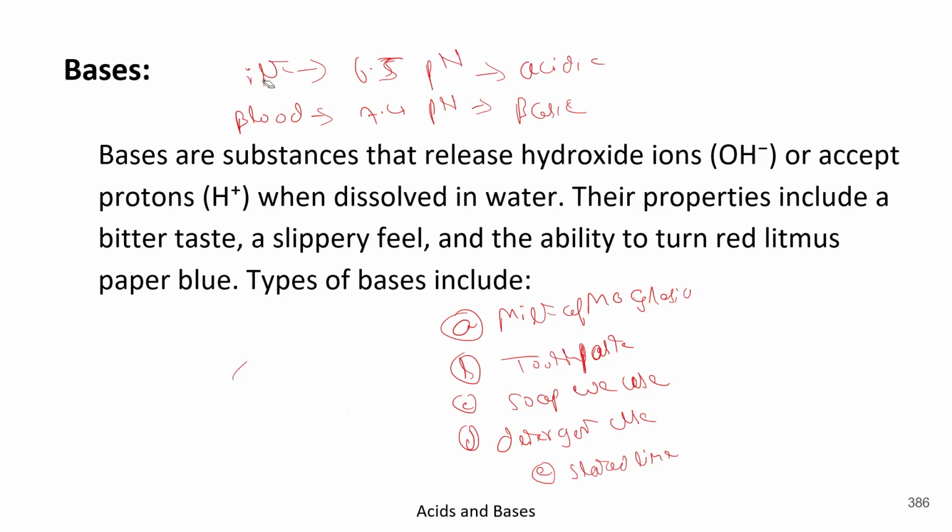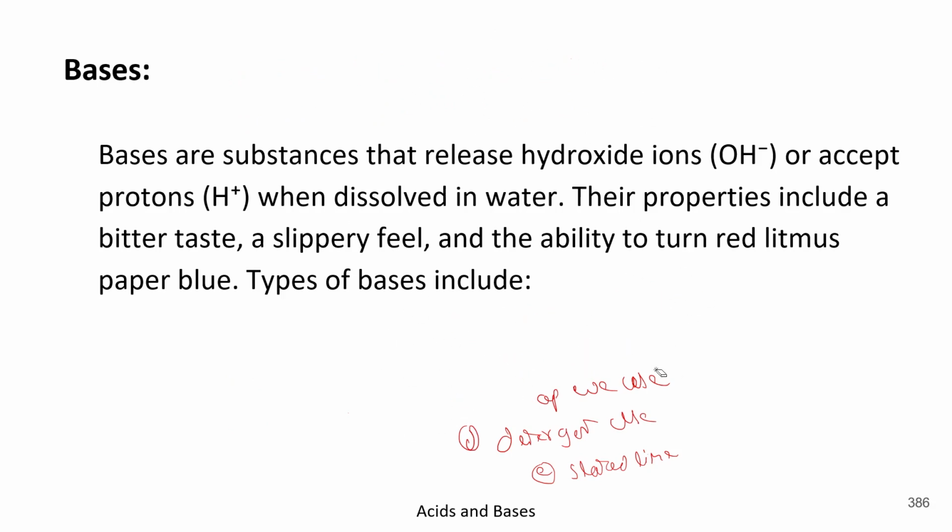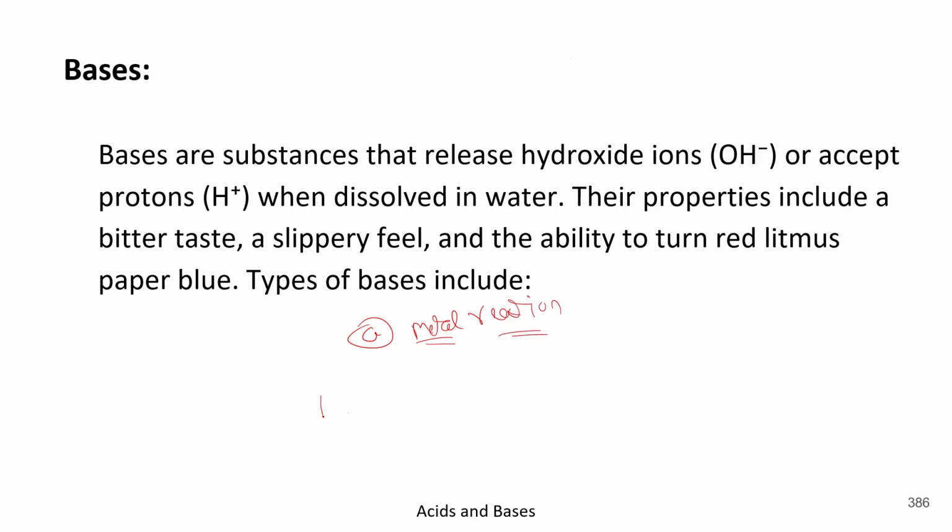Okay. So now we are going to discuss the reactions of bases with several things. Like in the previous lecture, we discussed the reactions of acids. Now we are going to discuss the reactions of bases. So our first will be reaction with metal. Whenever a base reacts with a metal, it gives salt and hydrogen. So the same thing happens as with the acid.